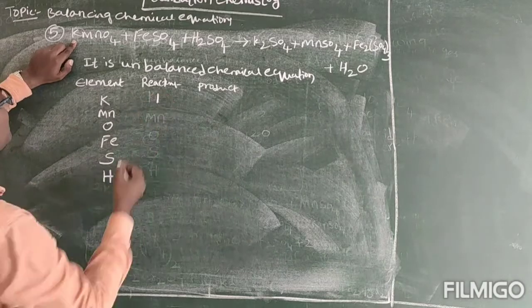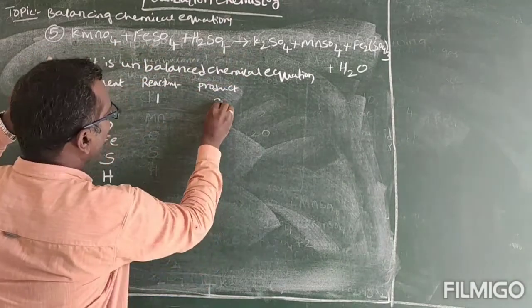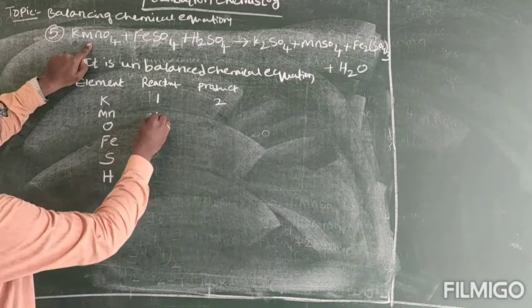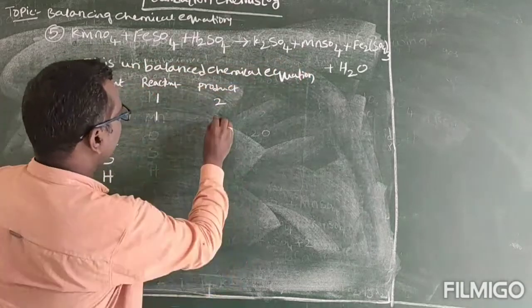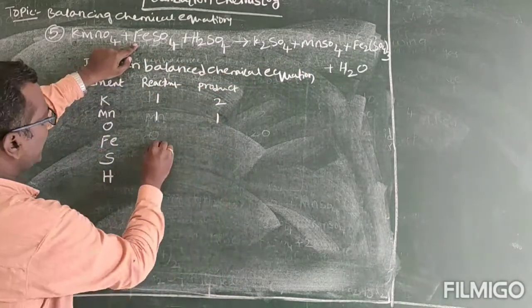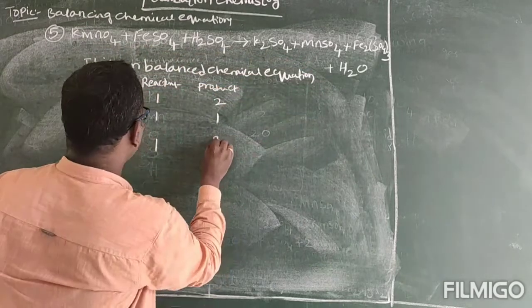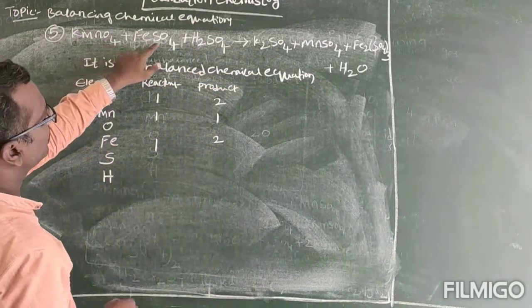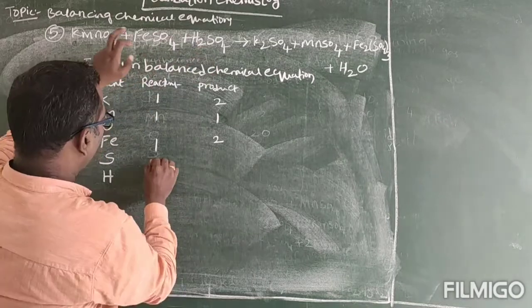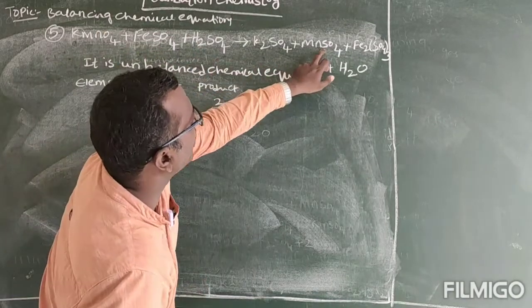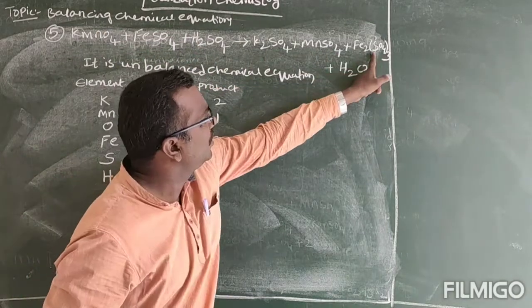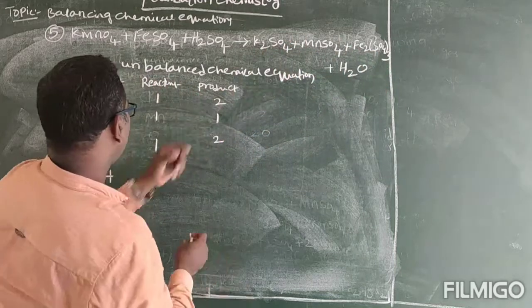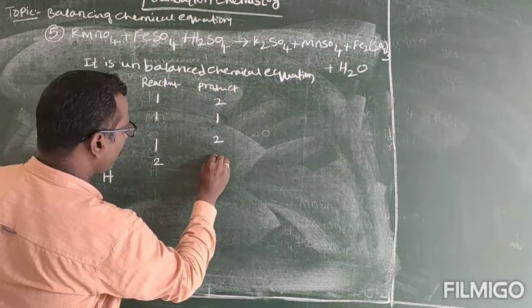Reactant side 1 and the product side 2 potassium. Manganese 1 and here 1. And iron here 1 and there 2. And sulfur 1, 2. And this side 1, 2, 3, 3 plus 2, 5.